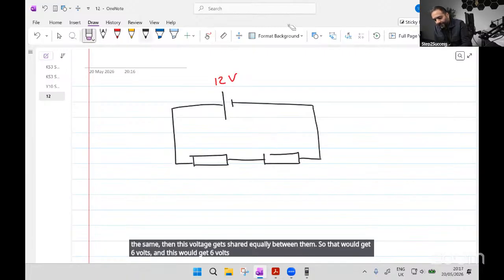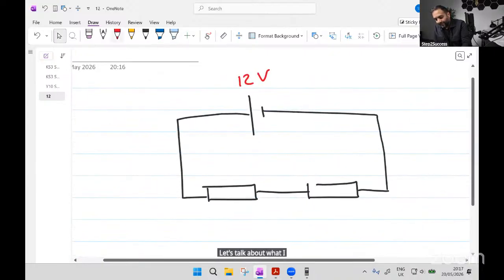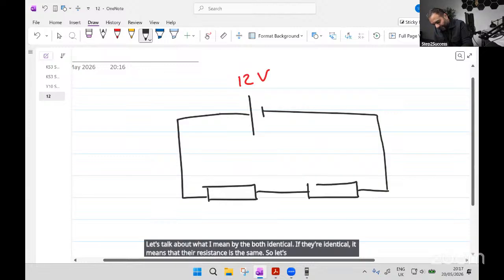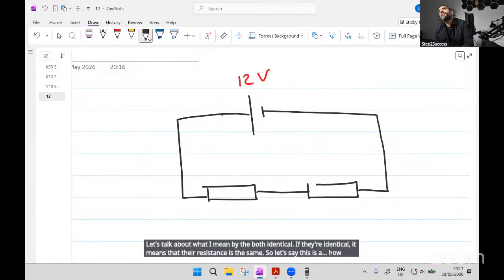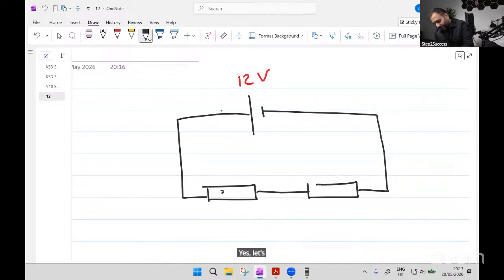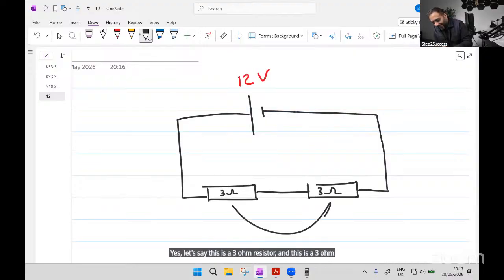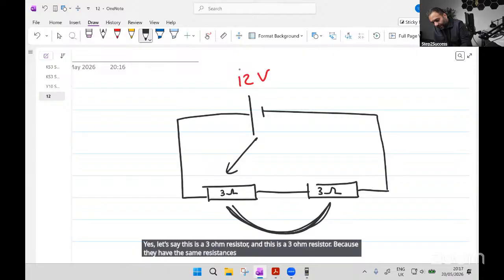But let's talk about what I mean by they're both identical. If they're identical, it means that their resistance is the same. So let's say this is a 3 ohm resistor and this is a 3 ohm resistor. Because they have the same resistances, they share the voltage equally.